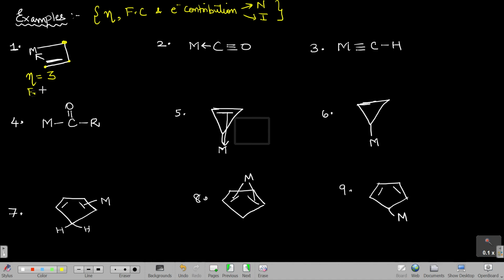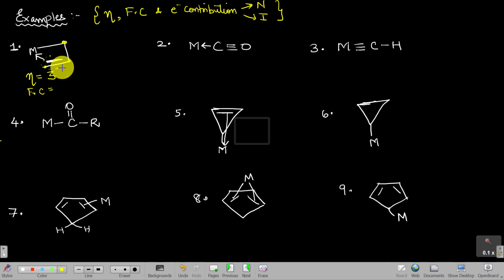Now, the second thing that we are going to find here is the formal charge. For formal charge, as I told you, you need to see the electronegativity. One more point that you need to remember: whenever the electron is being donated from a sigma bond, pi bond, or from a lone pair of electrons, then the formal charge will be 0.